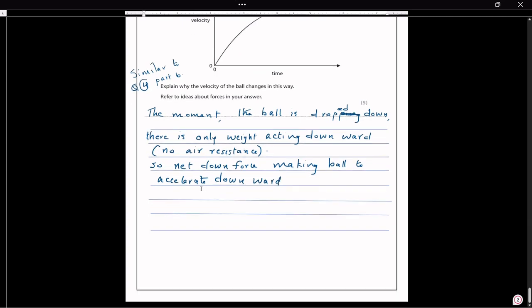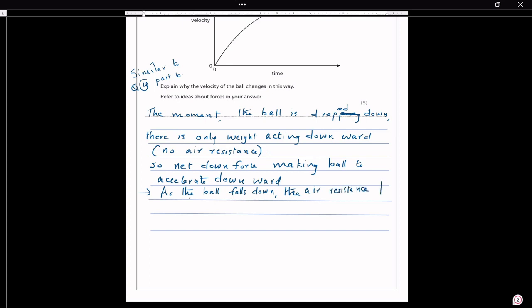Then as it falls down, the speed is increasing, therefore the air resistance also increases. So the next part is: as the ball falls down, the air resistance increases because speed increases.